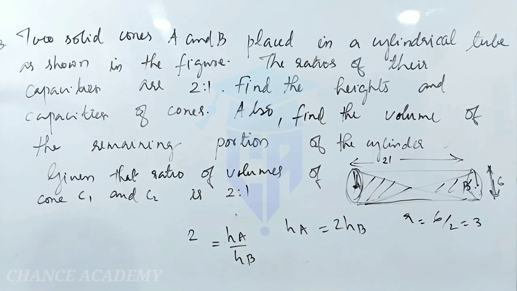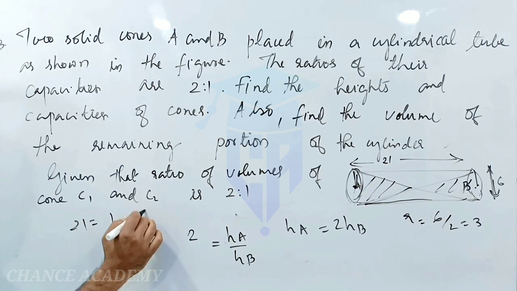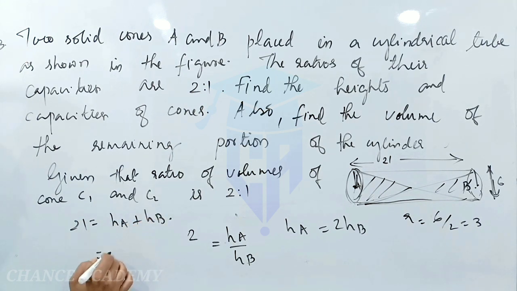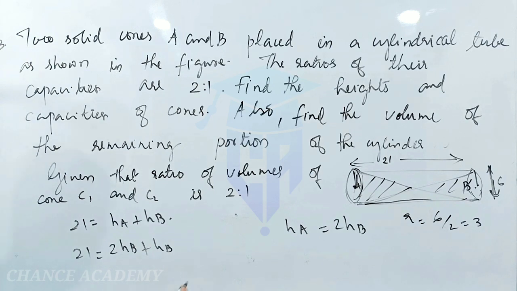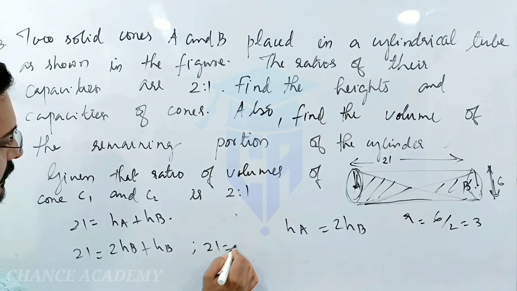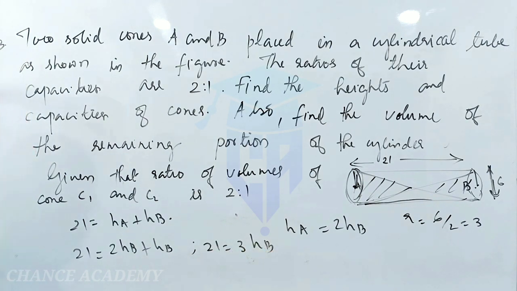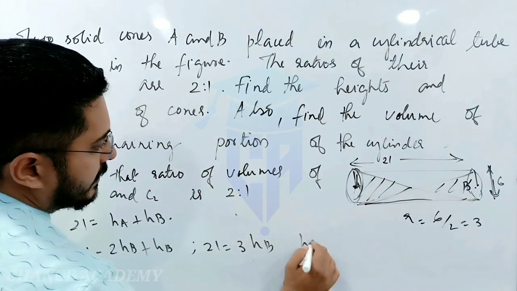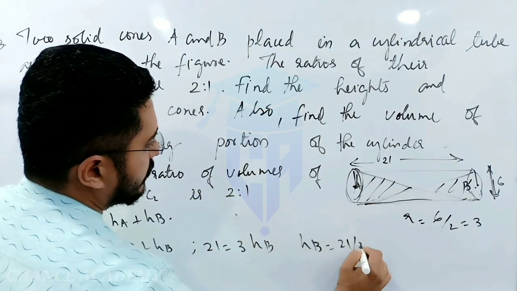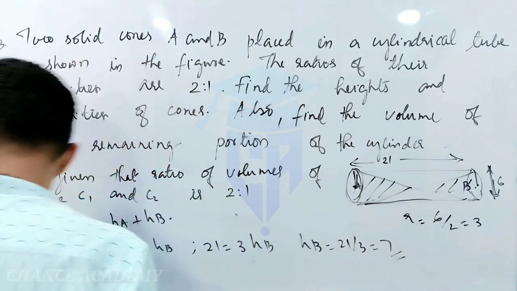We can replace the total height, which is given as 21, with HA plus HB. But we know that HA is 2HB, so 21 is equal to 3HB. On rearranging, the height of cone B is HB equals 21 by 3, which is 7.